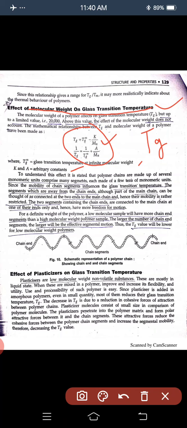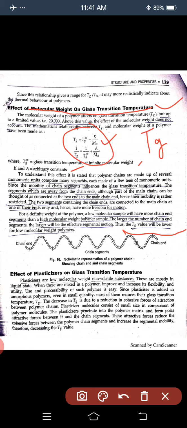The two segments containing the chain ends are connected to the main chain at one of their ends only, and hence have more freedom for motion. For a definite weight of polymer, a low molecular weight polymer sample will have more chain end segments than a high molecular weight polymer sample. The larger the number of chain end segments, the larger will be the effective segment motion. Thus, the Tg value will be lower for low molecular weight polymer.